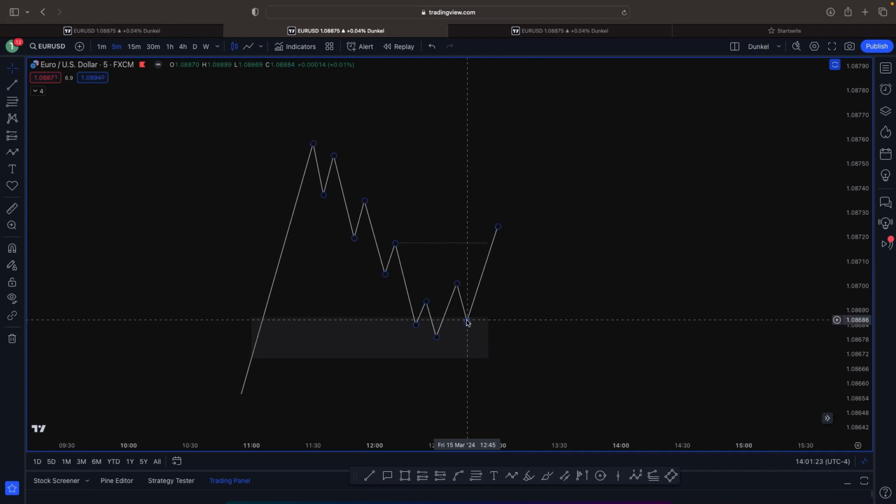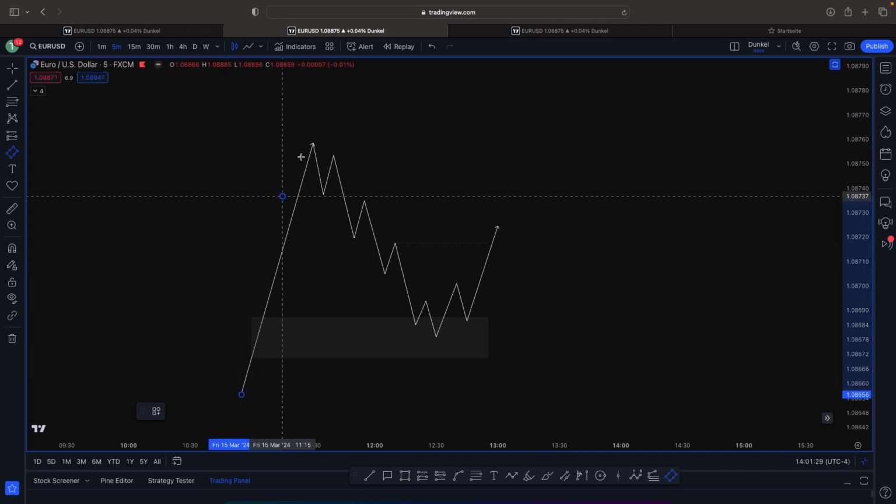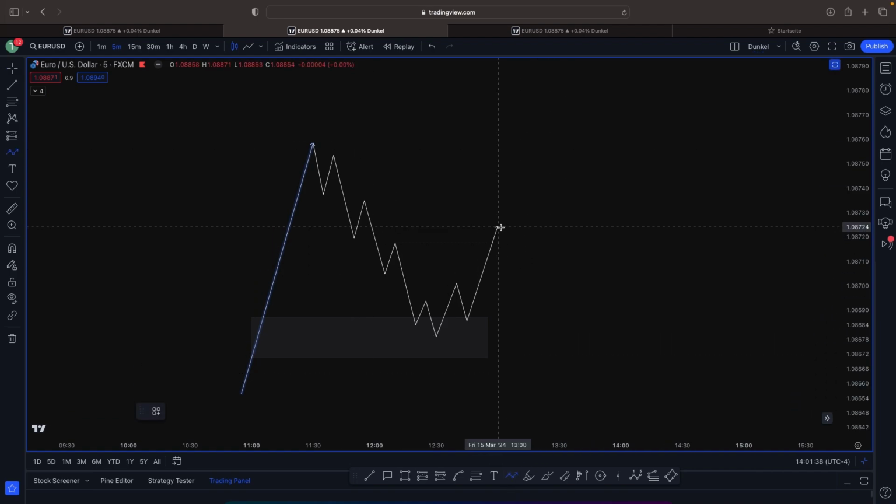Now, what do we have again? An impulse. So at the start of this model, we get an impulse leaving behind an inefficiency. And right now we have a second impulse, which on the lower time frame can have another market maker buy model.